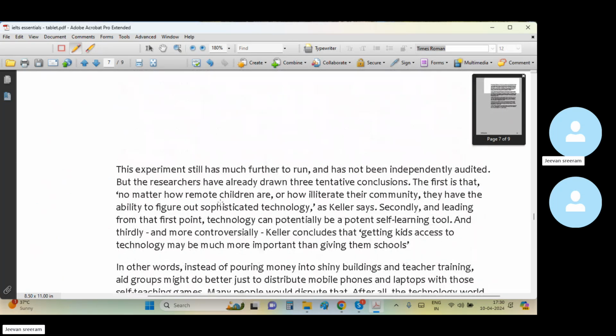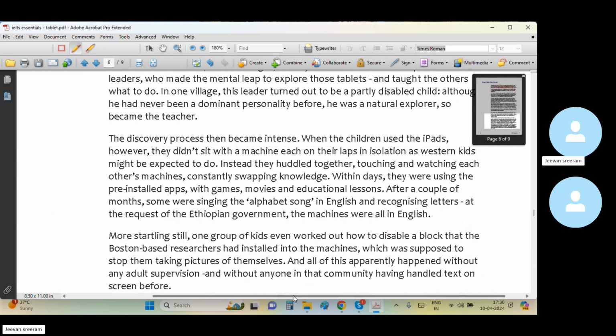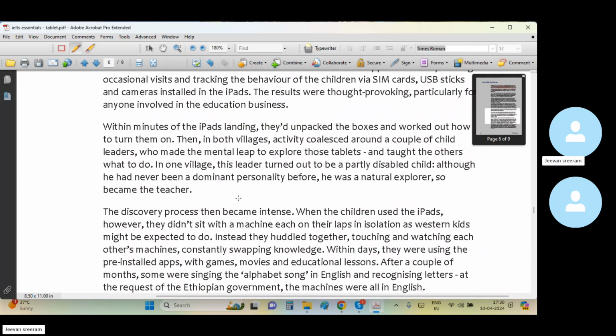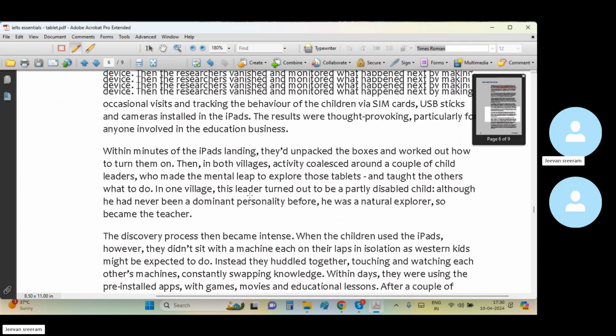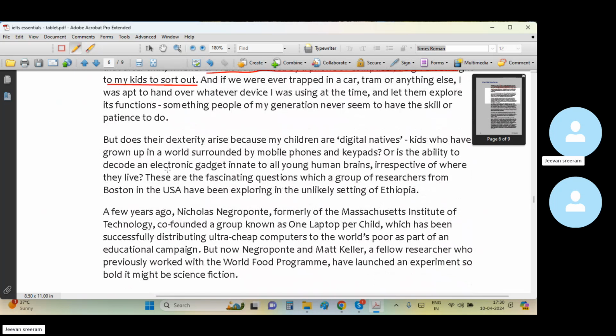So why is the writer surprised? As per the statement, the Boston researchers selected Ethiopia, and that made our author feel surprised. Please observe. These are the fascinating questions which a group of researchers from Boston in the USA have been exploring in the unlikely setting of Ethiopia.